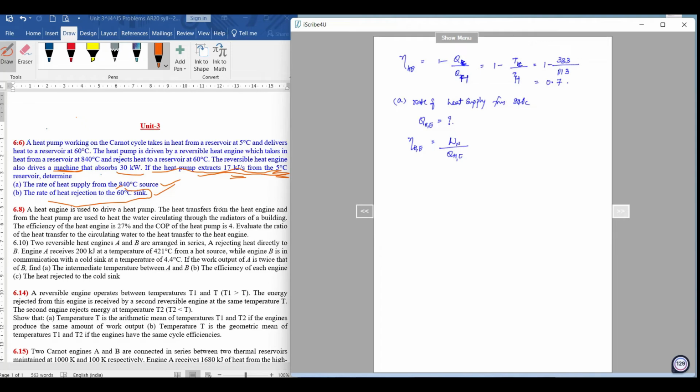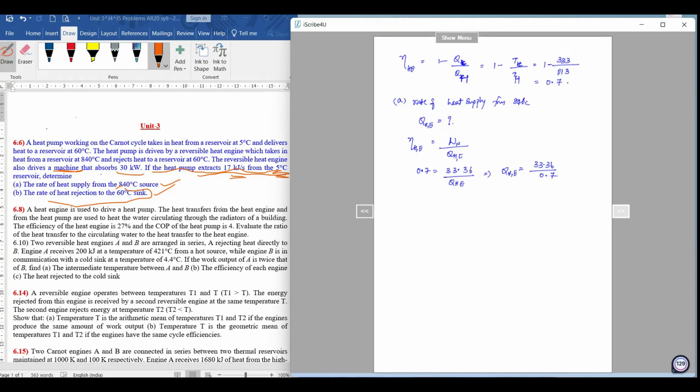So what is the efficiency value? 0.7. What is the net work output? That is 33.36 kilowatt, by heat QH of E. So this implies QH of E is nothing but 33.36 by 0.7.